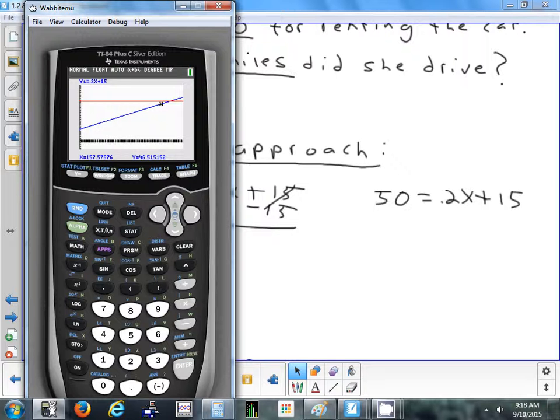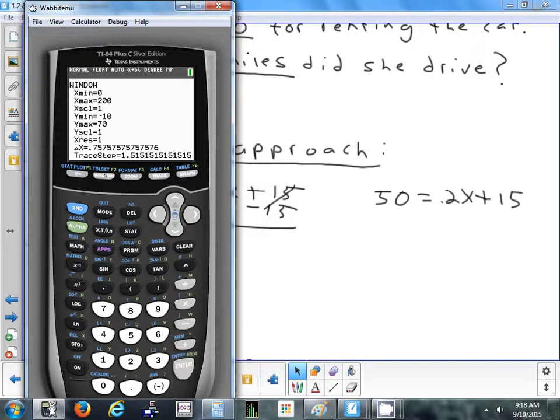You got both of those in Y1 and Y2, and that's your window. Everyone else have a picture on their screen? Okay, you got it?